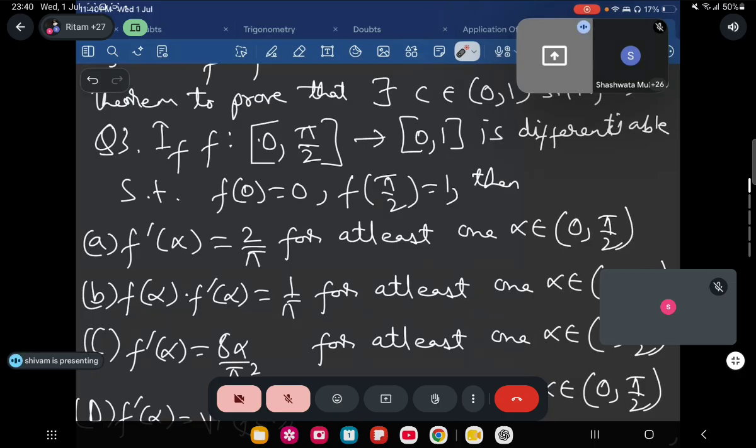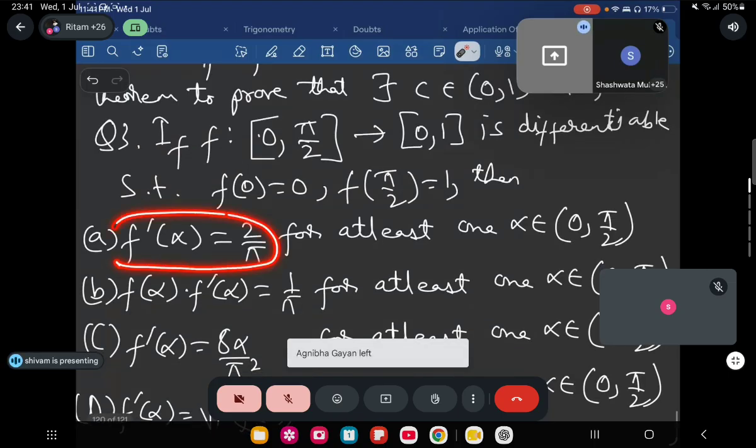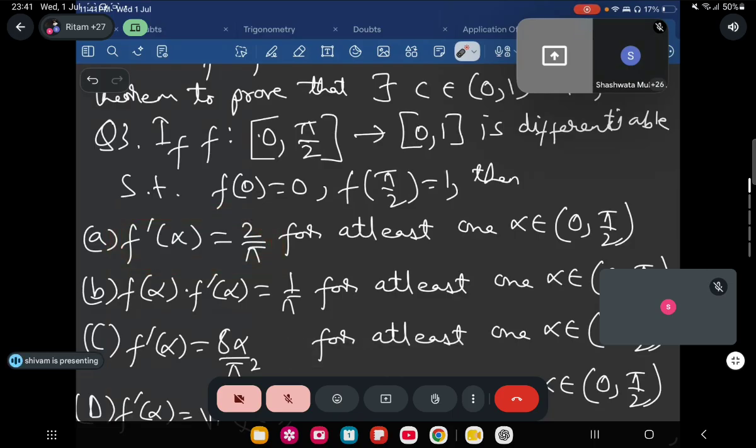Okay, let us start, everyone. If f maps [0, pi by 2] to [0, 1], then f dash alpha should be equal to 2 by pi. So, everyone, you have to think of a function f of x such that f dash x will come to 2 by pi, and also f of 0 should be equal to 0 and f of pi by 2 should be equal to 1.